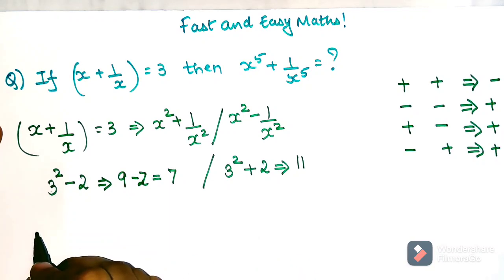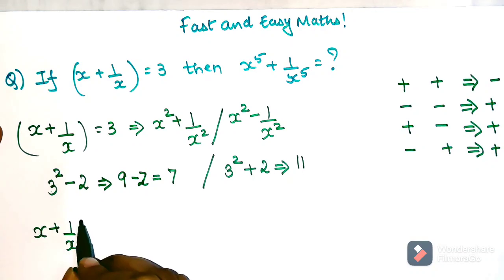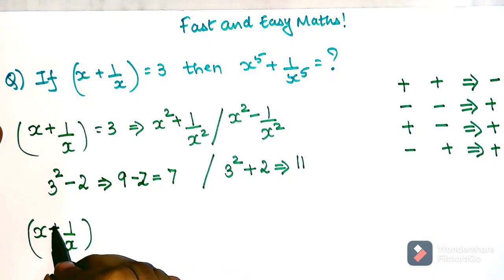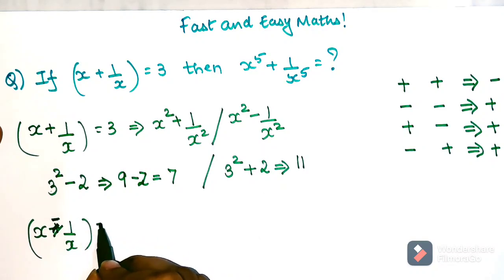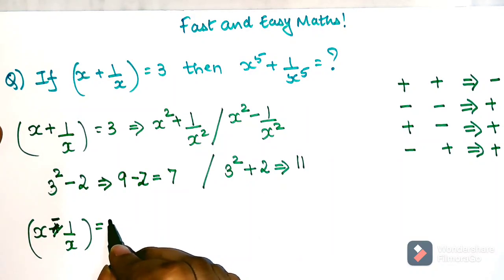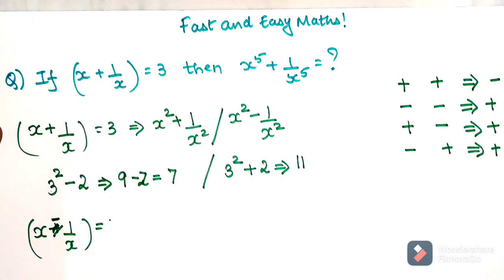Okay, now let's understand, if we had x minus 1 upon x, instead of addition let's take minus, and let's take this as nothing but 3 only.